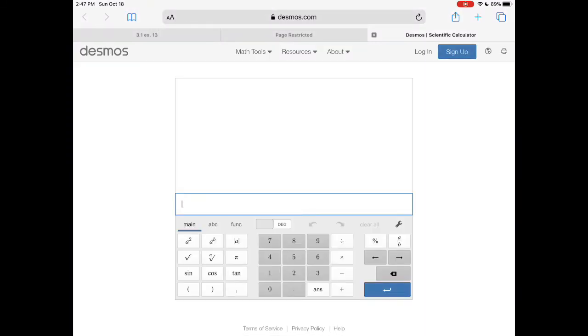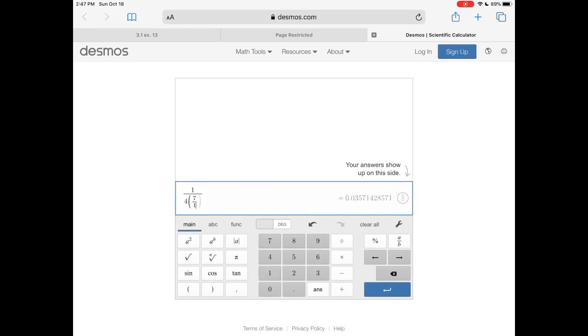Once we do that, we can put in our entire big old fraction that we started with. So I'm going to click the A over B button, and on the top, I'm going to put a 1, and on the bottom, I'm going to put 4, and then in parentheses, 7 divided by 12. So that was my whole fraction that I had to start with.